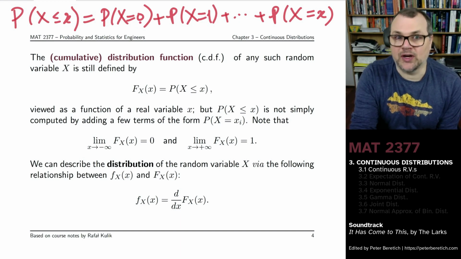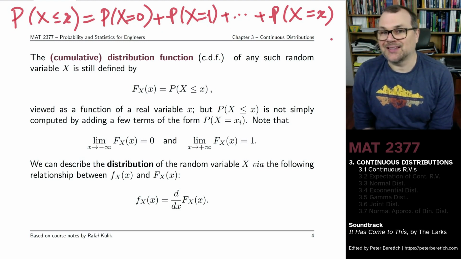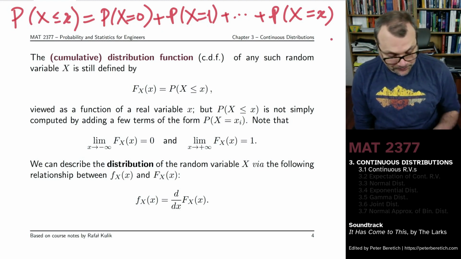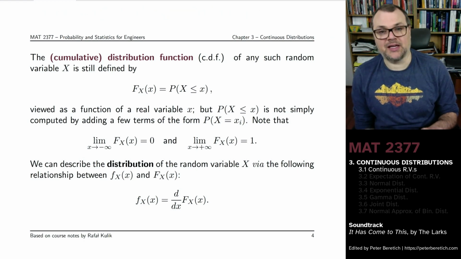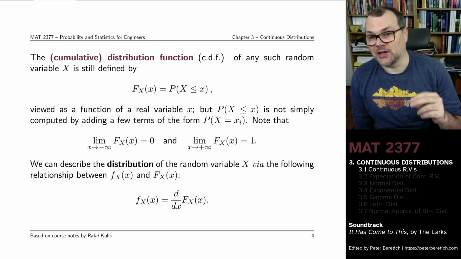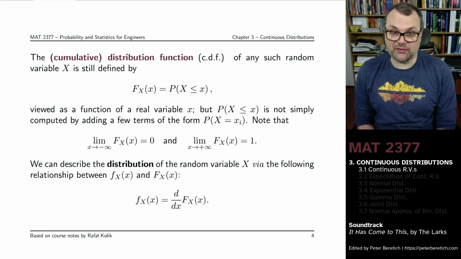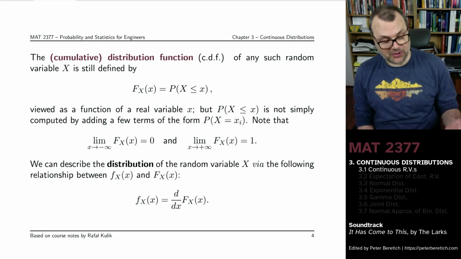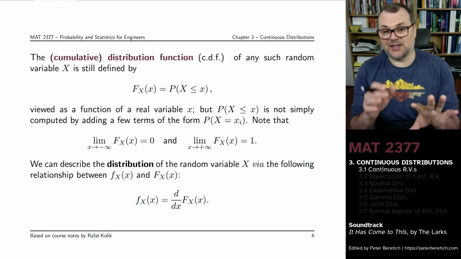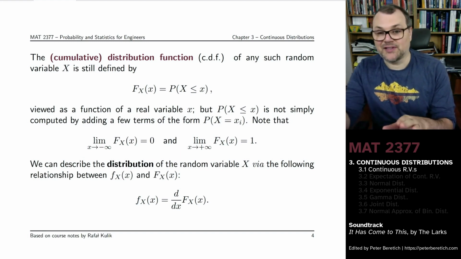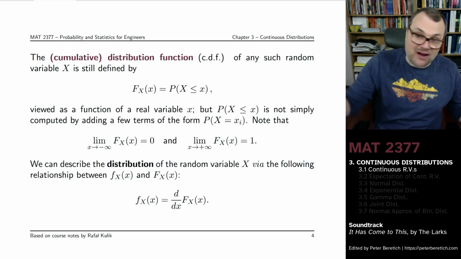It could take the value 1/2, it could take the value 3/4, it could take the value 1/2 plus 3/4, and so forth, right? And it's not just that it's an infinite number of values it can take, it's that this infinity is uncountable. So it's not sufficient to add a few terms of the form the probability that the random variable takes on a specific level. 5, 6, 8, 300, 5,000.